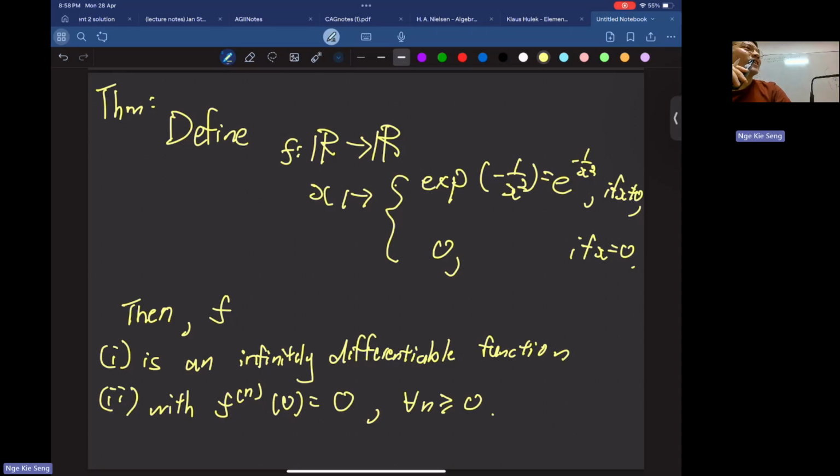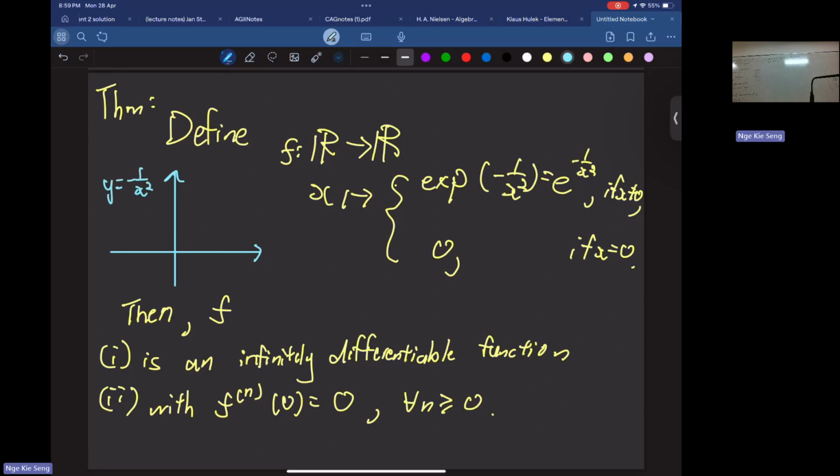Good. Can anyone sketch this graph? Okay, let's try. Let's plot y equals 1 minus x squared first. Where does it come from?